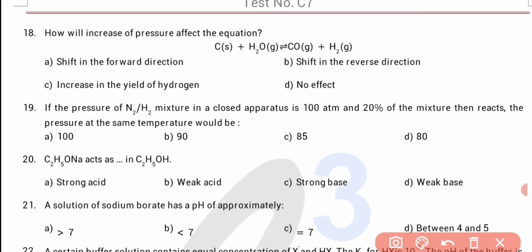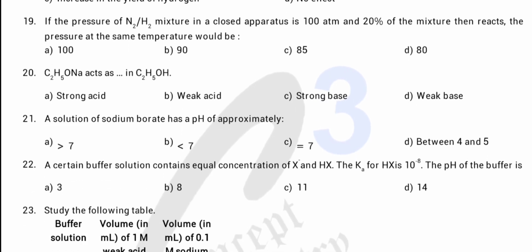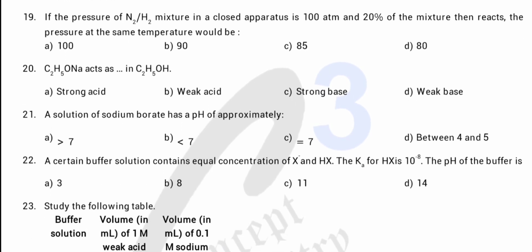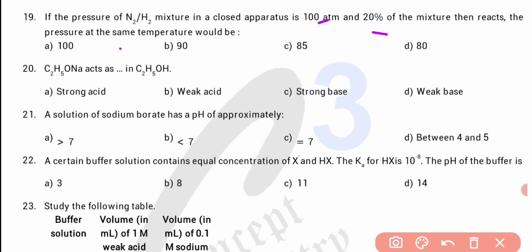Now let us move to the next question. The pressure of an N2 H2 mixture in a closed apparatus is 100 atm, and 20% of the mixture then reacts. The pressure at the same temperature will be?